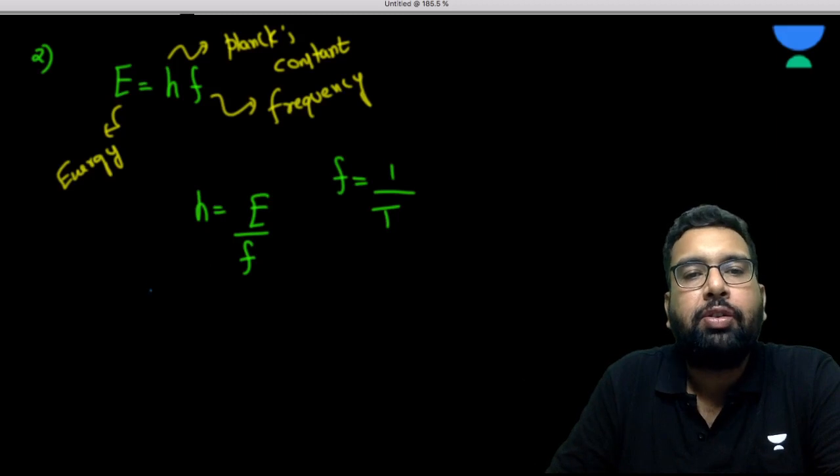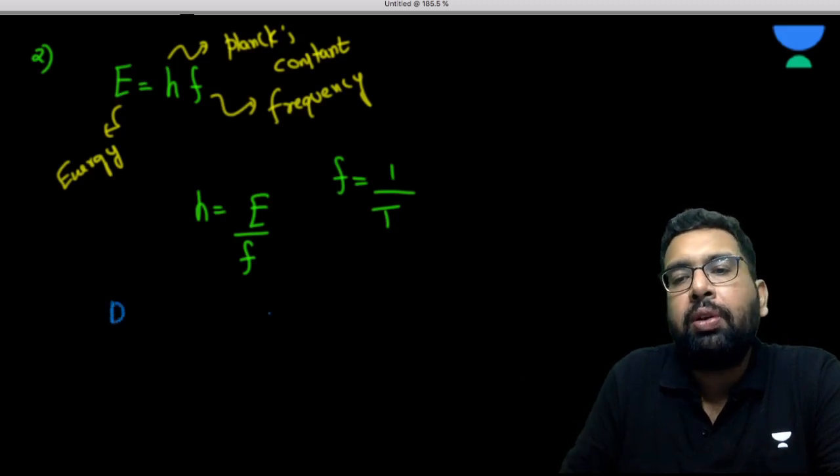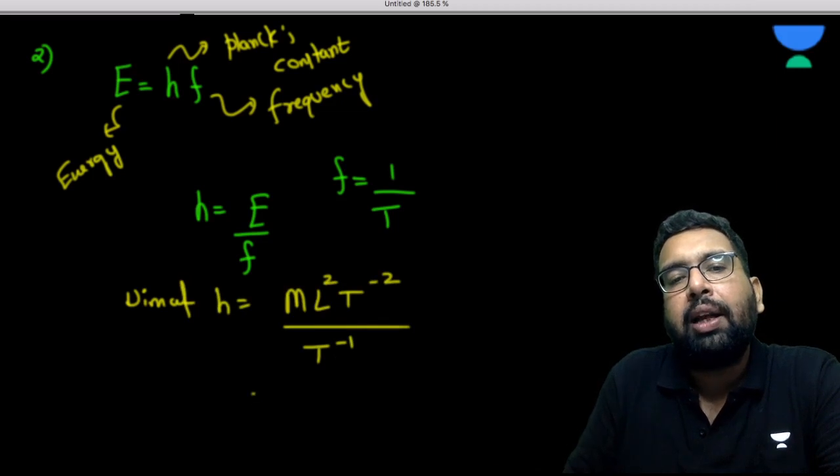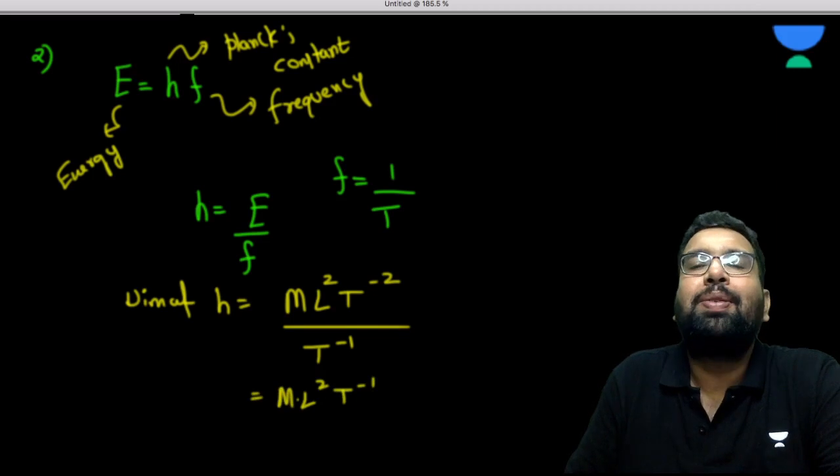So let's find the dimension. The dimension of h is going to be the dimension of E times T. The dimension of E is ML^2 T^-2, and with T it is ML^2 T^-1.